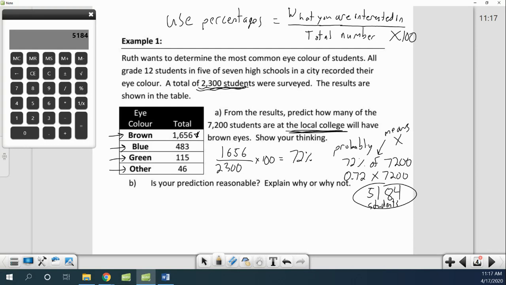Now, is our prediction reasonable? Why or why not? This is another one where you get to defend your choice one way or the other. Some people say yes, there's no reason why eye color would change for who's going to high school, and so high school numbers should match college.